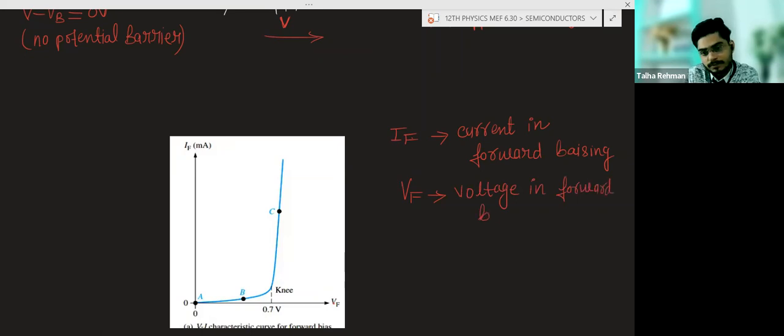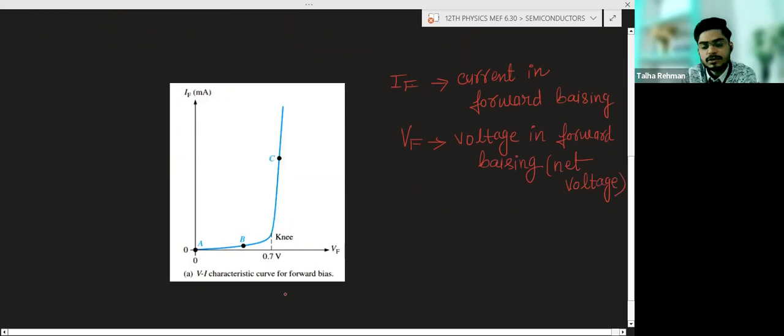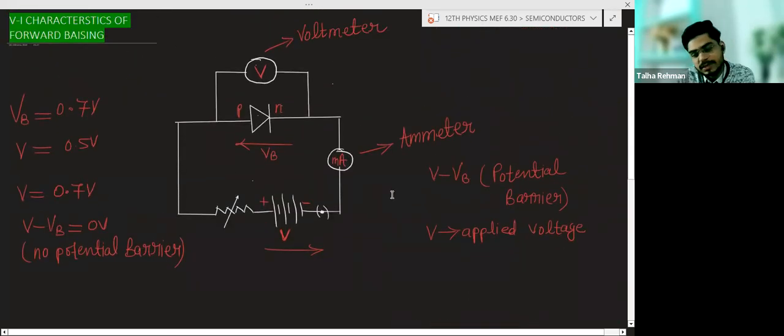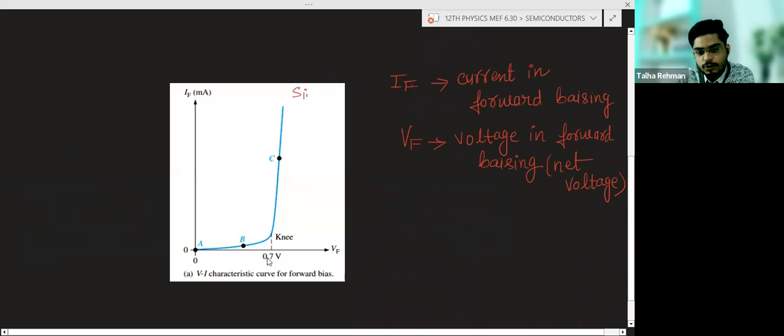And this will be the net voltage, not the applied voltage. So when this net voltage becomes a specific value, this diagram is basically for silicon. This graph is for silicon, because silicon has a 0.7 knee voltage.